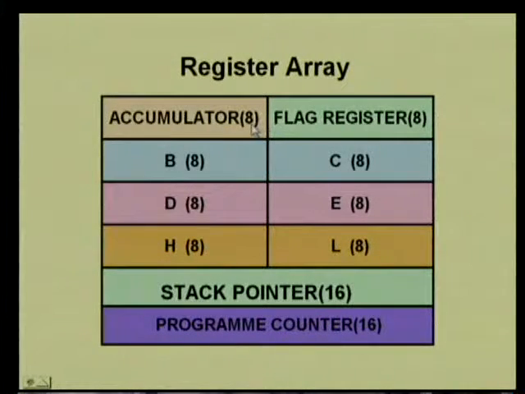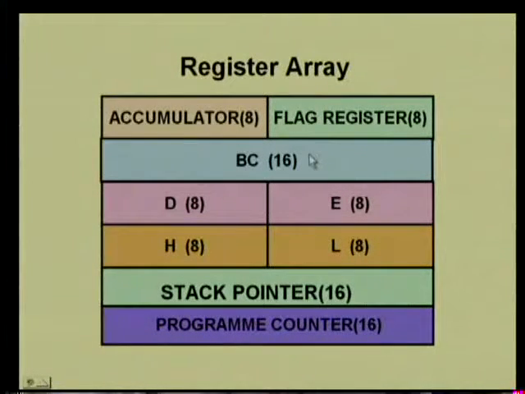8085 consists of a number of registers which are available internally. The first one is the accumulator, which is an 8-bit register. Then the flag register, which is also an 8-bit register. Here B is an 8-bit register and C is another 8-bit register, whereas these two registers can be grouped into a single register so as to have 16-bit data processing.